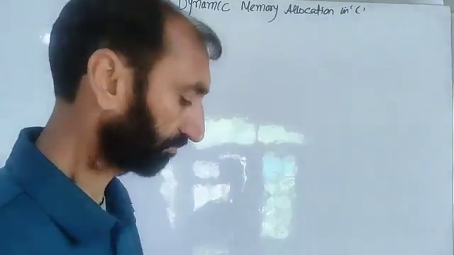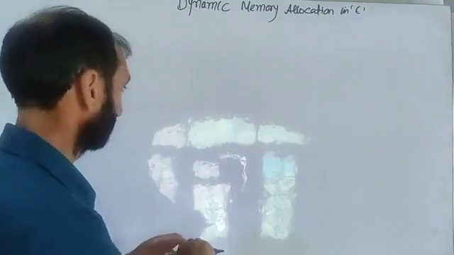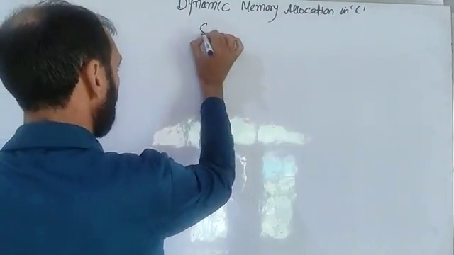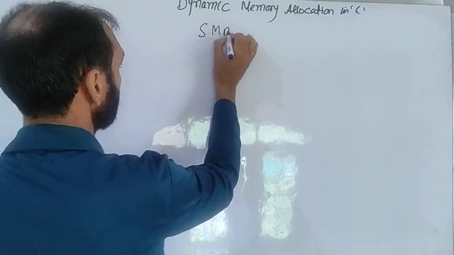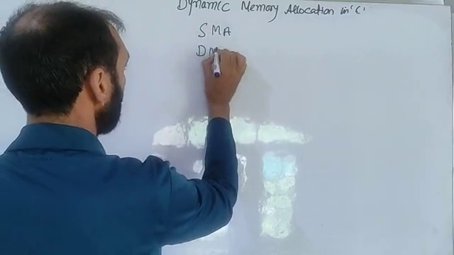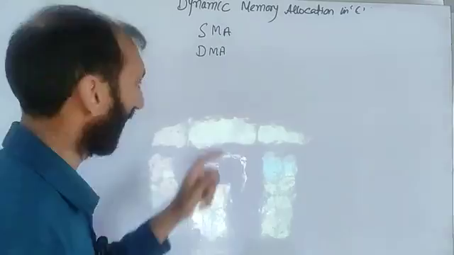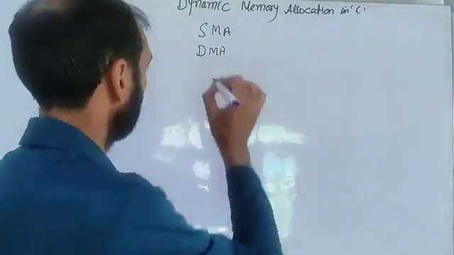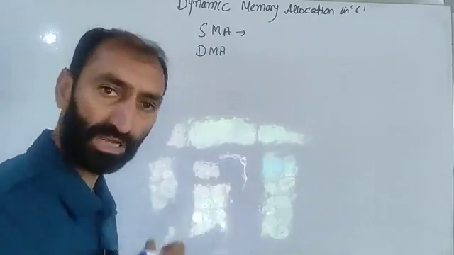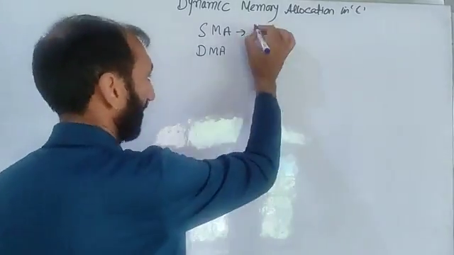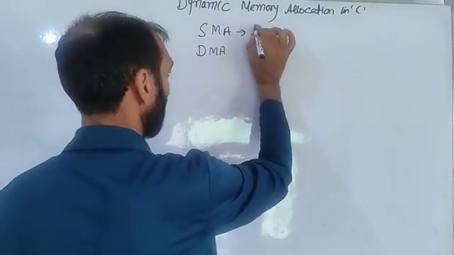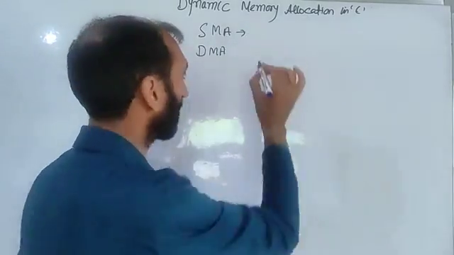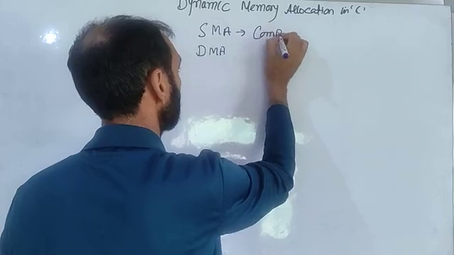We know that there is static memory allocation and dynamic memory allocation. SMA, static memory allocation, means to allocate the memory at compile time.